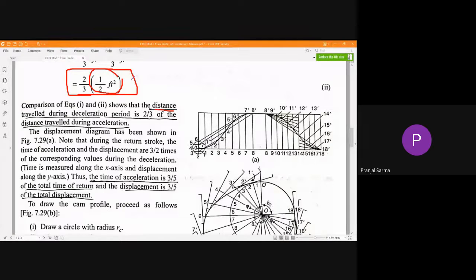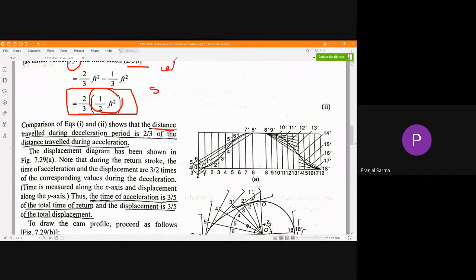We are equipped with the values of displacement during that particular return stroke. With respect to the initial rise stroke, we don't have any problem. We know that throughout the rise stroke, the cycloidal motion profile is there. So now we are going to draw the displacement diagram. For that, we are going to consider a proper scale. Along the x-axis, whatever scale you consider, and along the y-axis we'll consider a proper scale.